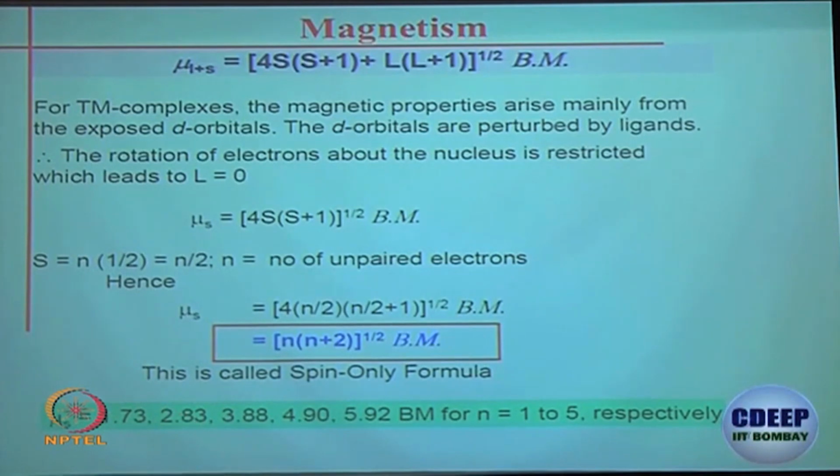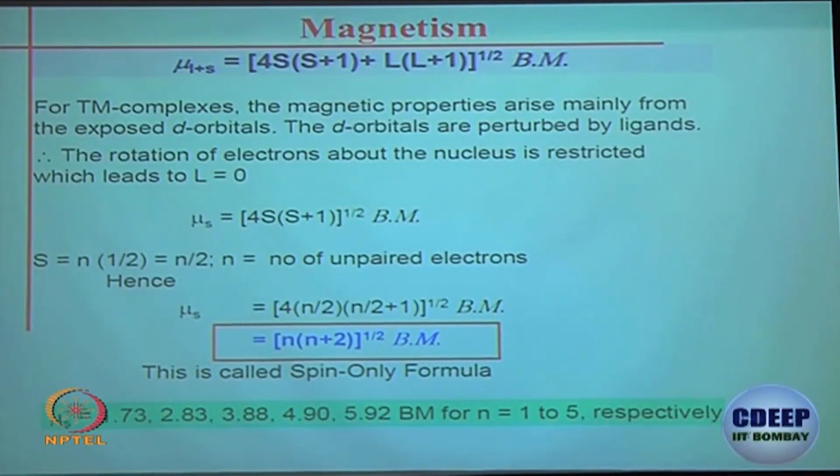So 1 unpaired electron, 1 plus 0.73; 2 unpaired electrons, 2 plus 0.83; 3, 3 plus 0.8; 4, 4 plus 0.9. I mean 0.7, let's say: 1.7, 2.7, 3.7, 4.7, and 5.7. It's close. Anyway, that's how you don't have to use your calculator every time.